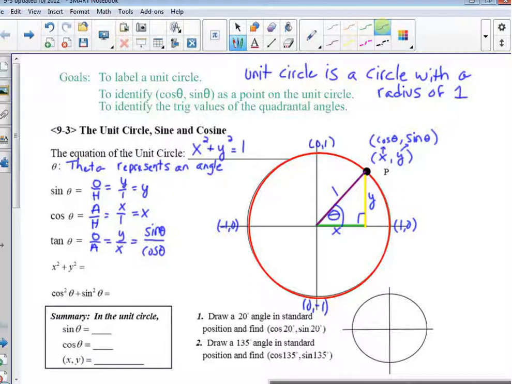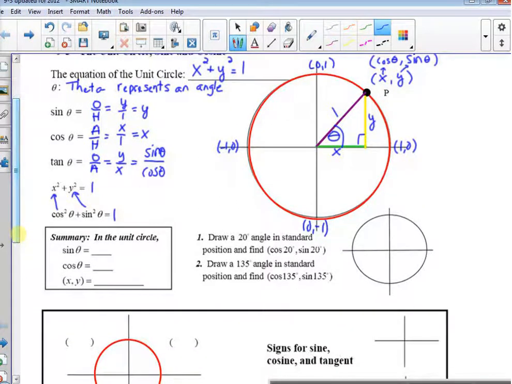And if you think about the Pythagorean theorem here, x squared plus y squared should equal 1 squared, which is just 1. So since cosine theta is equal to x, cosine squared, and sine theta is equal to y, cosine squared plus sine squared should also equal 1. So that's an important, it's called a trig identity.